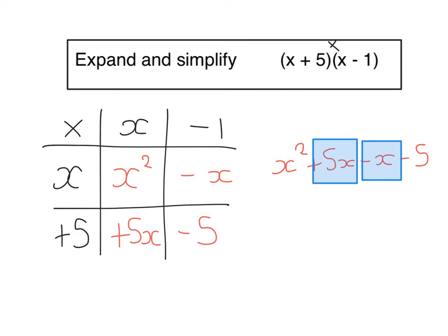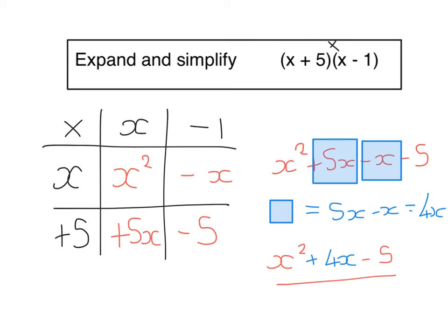So those squares are actually going to come together to be positive 5x, take away x, which is 4x. So altogether I'm going to have x squared, and it's positive 4x, so it's add 4x, take away 5. And there's my end expression.